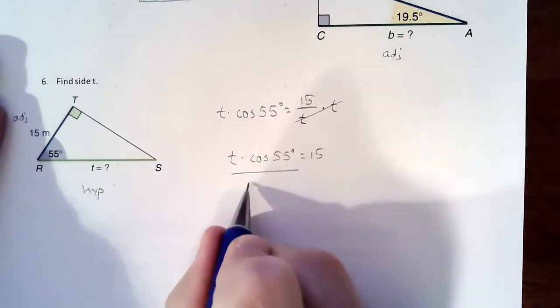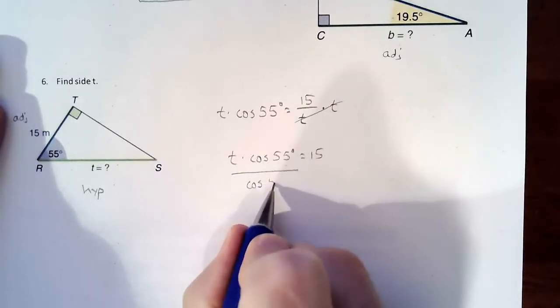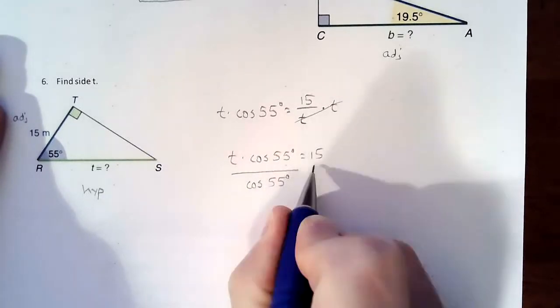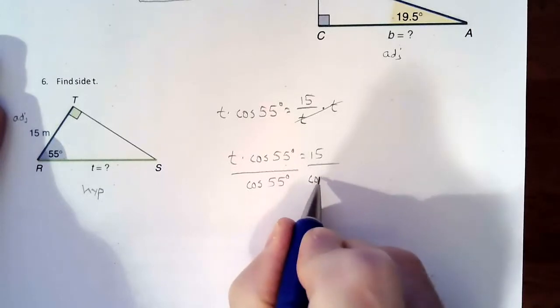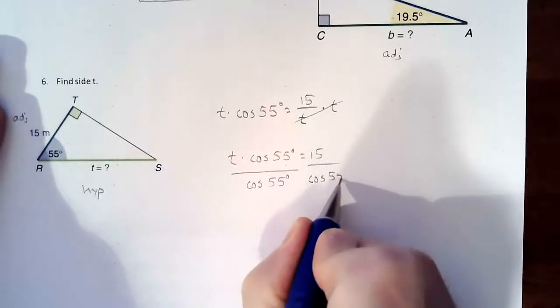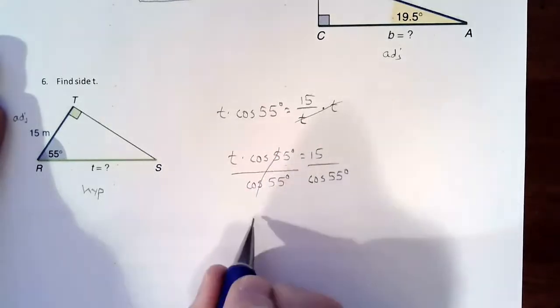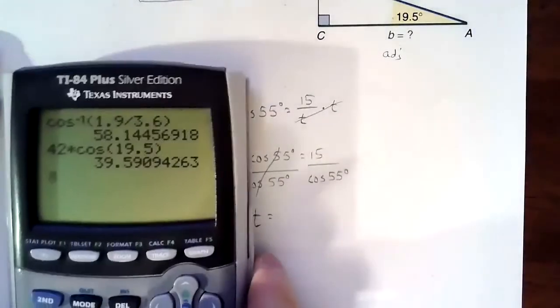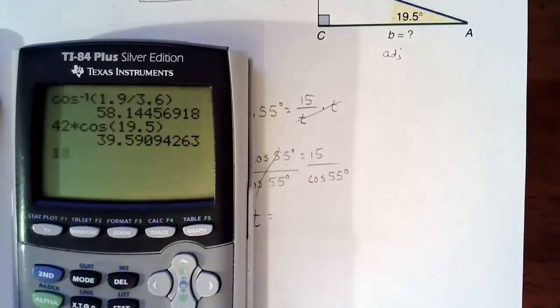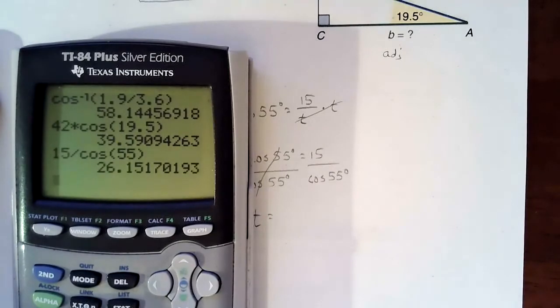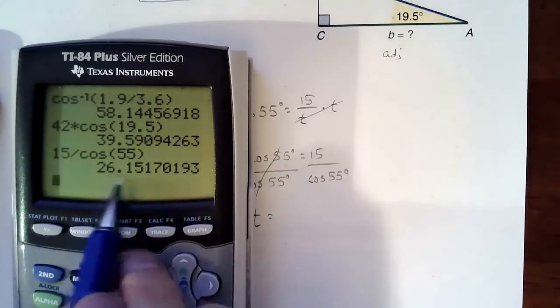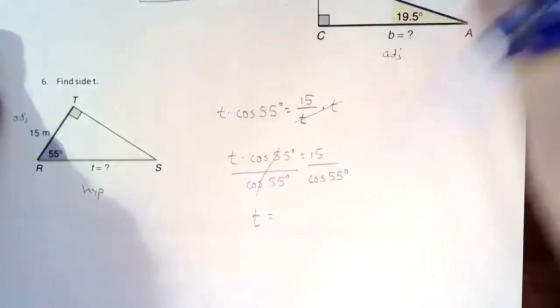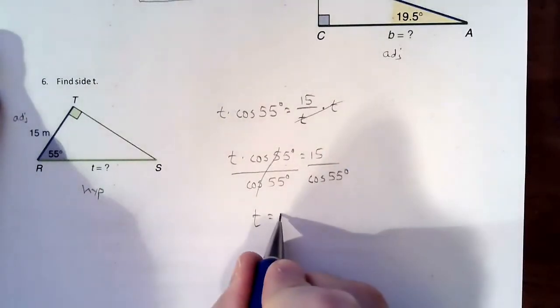So to undo that, we're going to use division to cancel it away. But whatever we're doing on the left, we're doing on the right. So that goes away. t is going to be 15 divided by cosine of 55. 15 divided by cosine of 55 is 26.2. So t is 26.2.